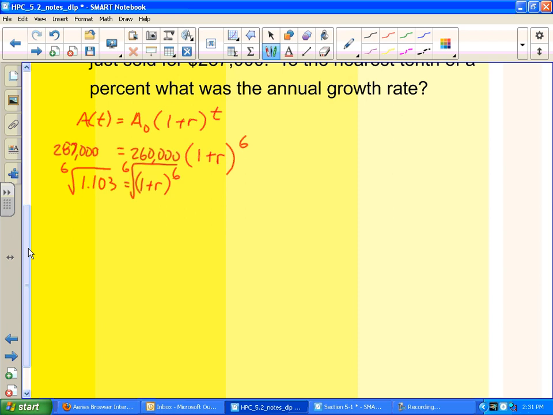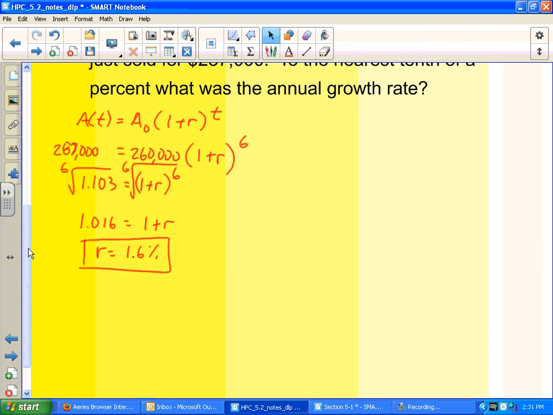Now that's equal to 1 plus r. Subtract that 1, and we get a rate of 1.6%. So that's how much it's increased every year since we purchased the home for the last 6 years. Ta-da!